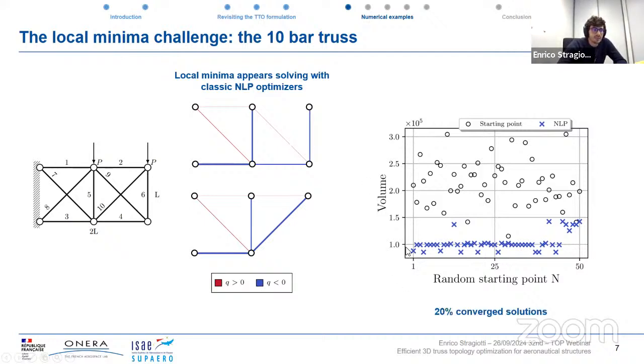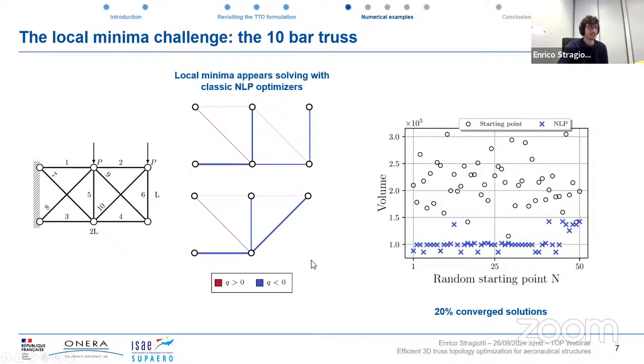As we have very different volumes, this is going to tell us that in general only 20% of the 50 different points actually converge to the best solution found in this case.